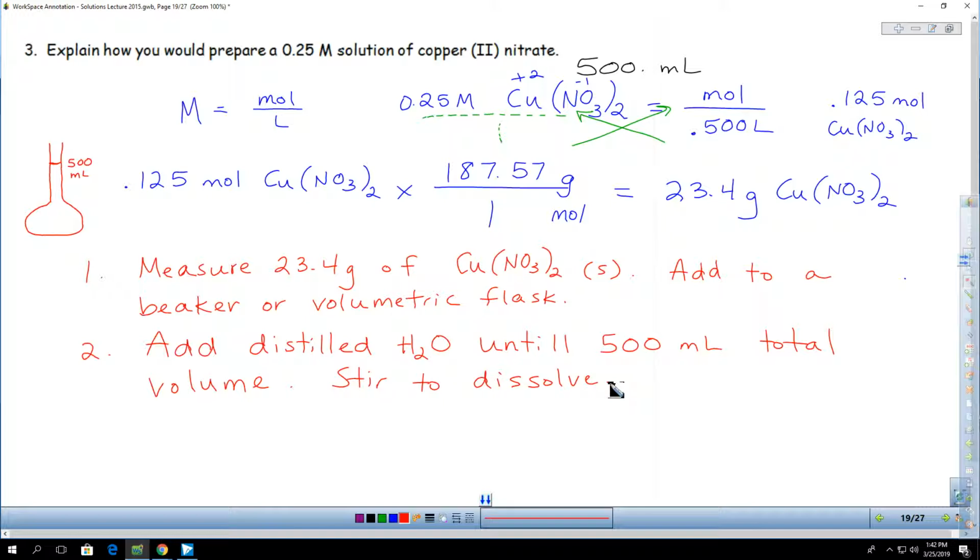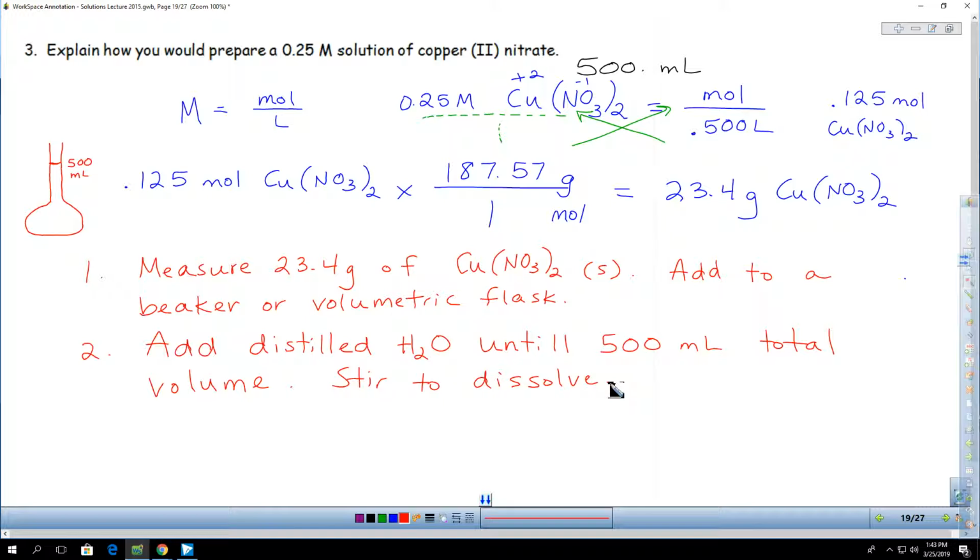If you were to put 500 milliliters in a beaker or a flask, like you measured exactly 500 milliliters of liquid water, then you add 23.4 grams, your final volume will actually end up being more than 500 milliliters. Because again, that solute, those particles will take up some space.